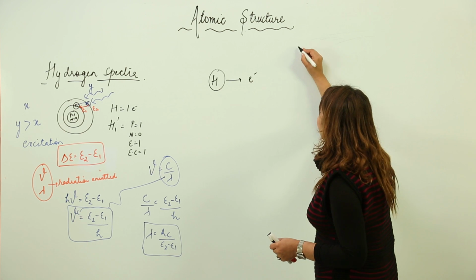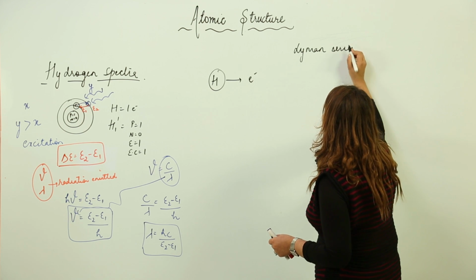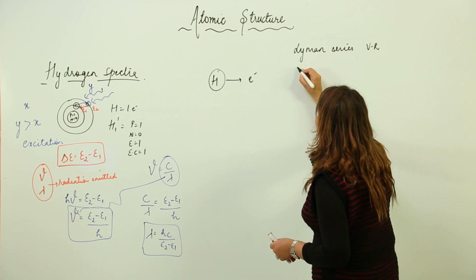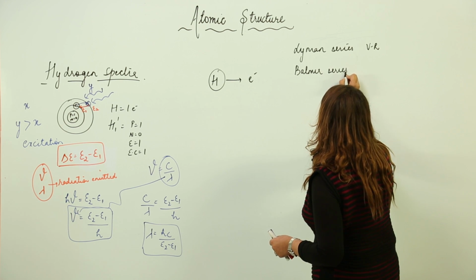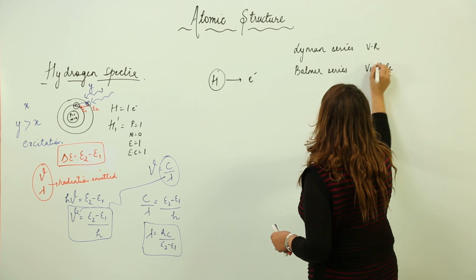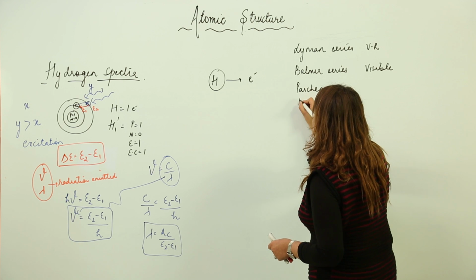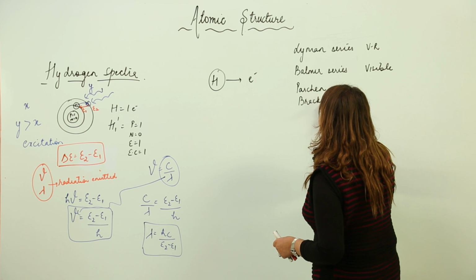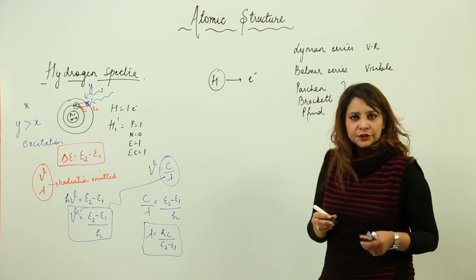That is the Lyman series, then the lines which lie in the visible region are in the Balmer series, and there are lines which lie in the infrared region, that is Paschen, Brackett and Pfund. So they lie in the infrared region, you know that.